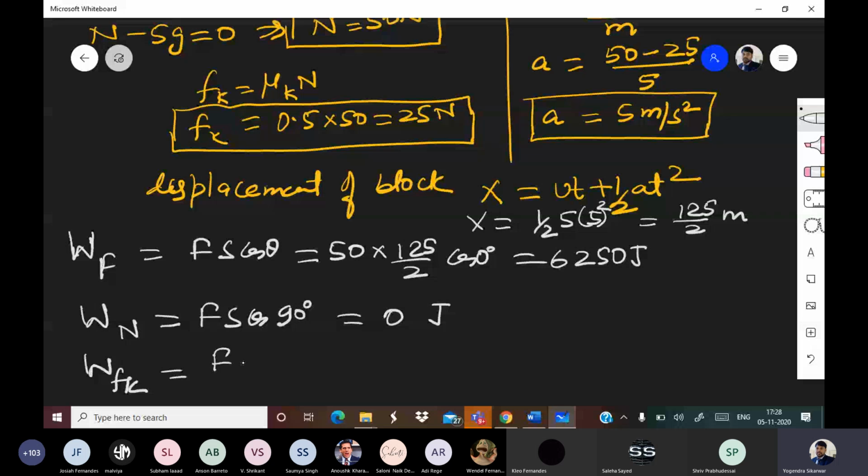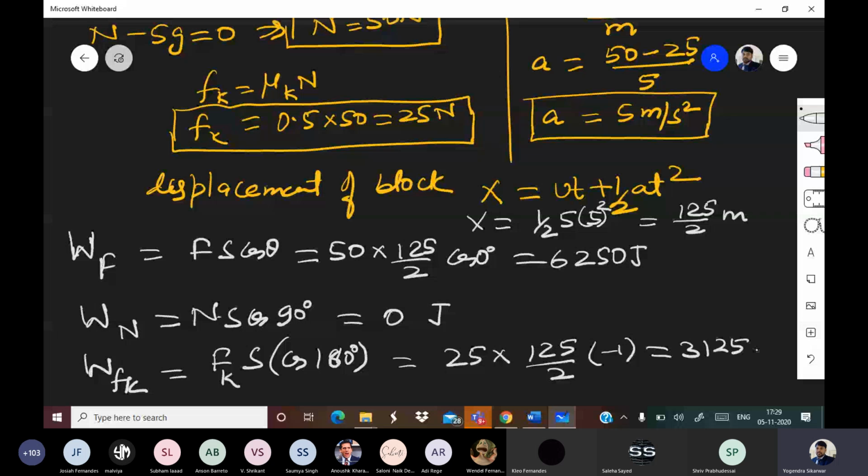Displacement is 125 by 2. Cos 180 is minus 1. So this will be 3125 joule with a minus sign. This will be the answer.